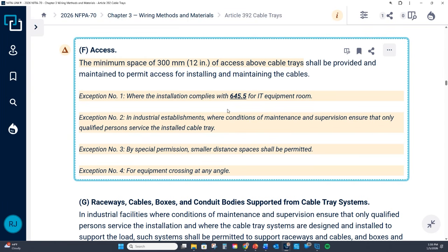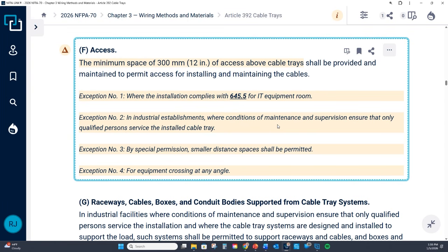Exception 1, where the installation complies with 645.5 for an IT equipment room. Okay, well, if it complies with 645.5 for an IT equipment room, then what? Are we removing the entire requirement? Is that what we're saying? Or are we saying that you need less space? Are you saying we need no space? Or is this an exception where it's mandatory?